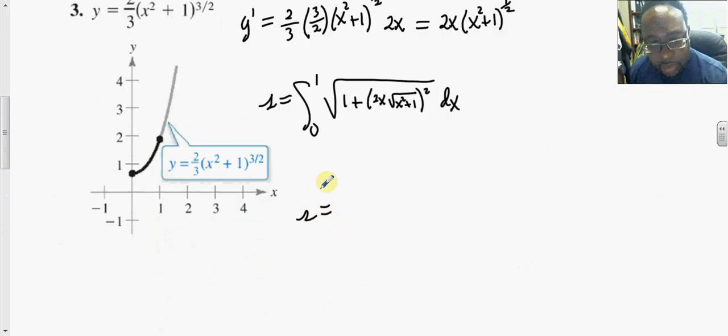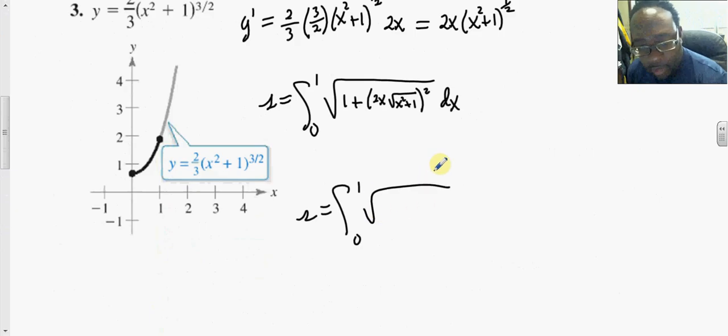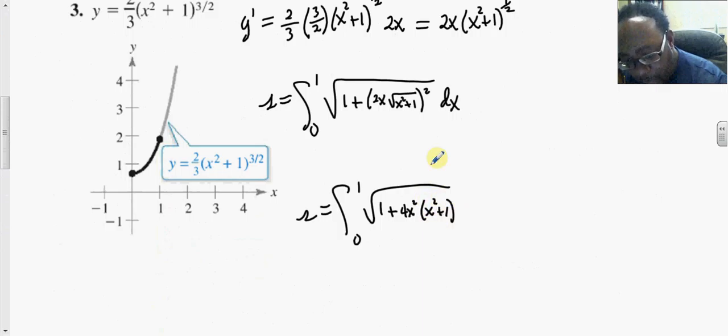So the arc length is the integral from 0 to 1 of the square root of, let's see what we have, 1 plus 4x squared times x squared plus 1, dx.